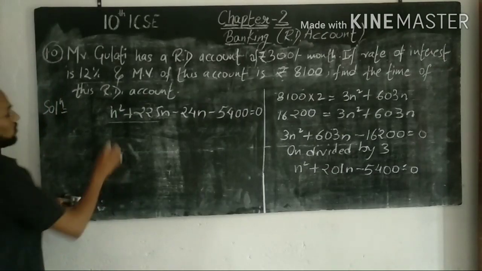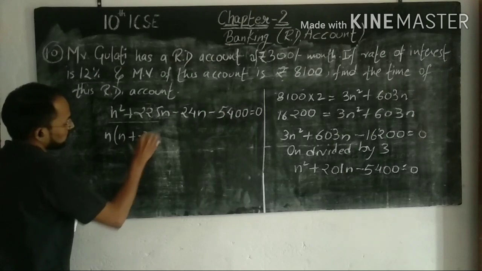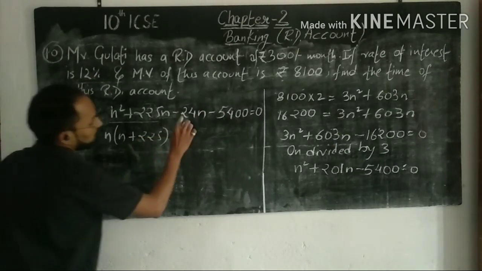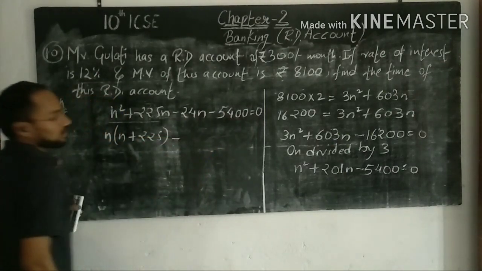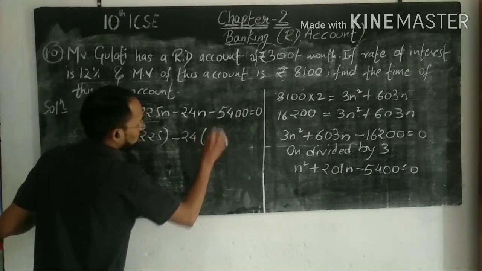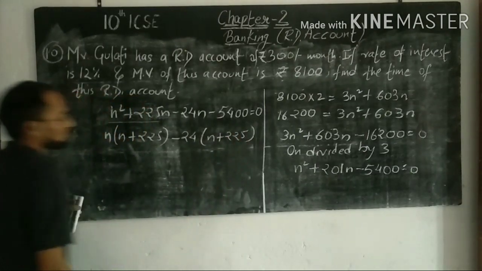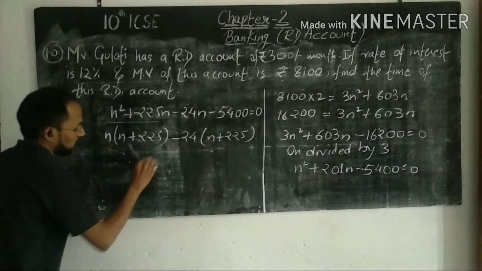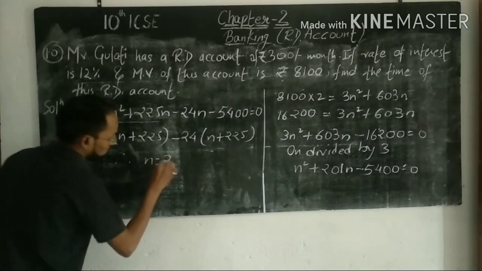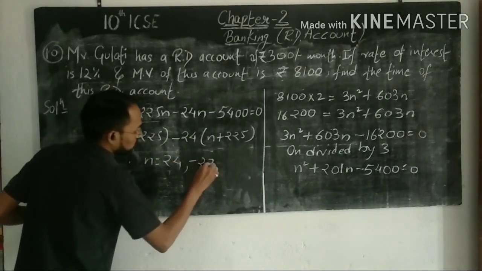From the first two terms we take out n in common. This becomes n plus 225, and from the last two we take out 24 in common, so it becomes n plus 225. So n equals 24 or n equals minus 225.